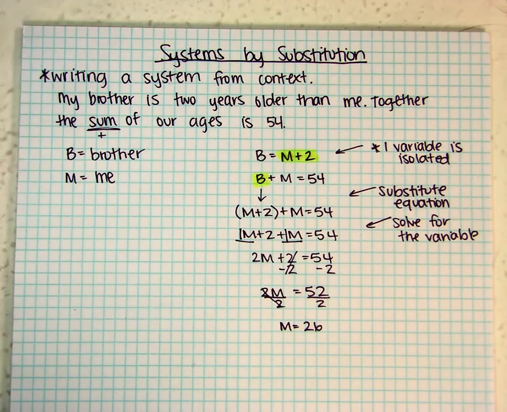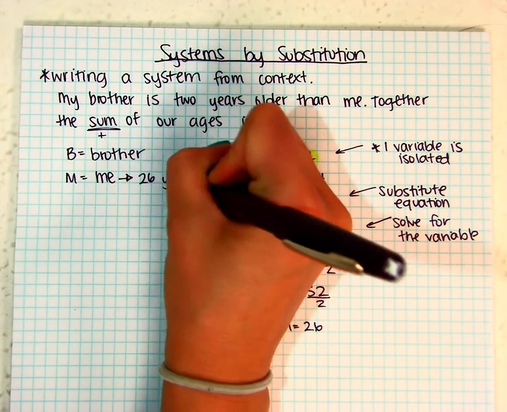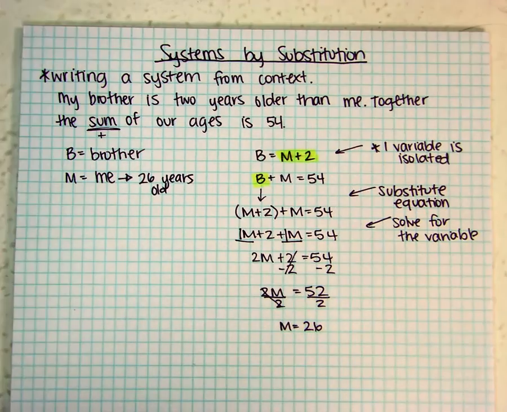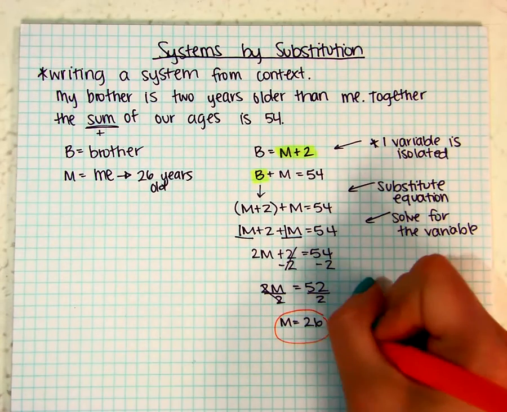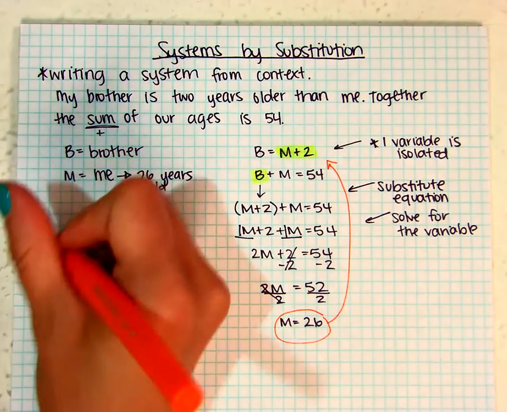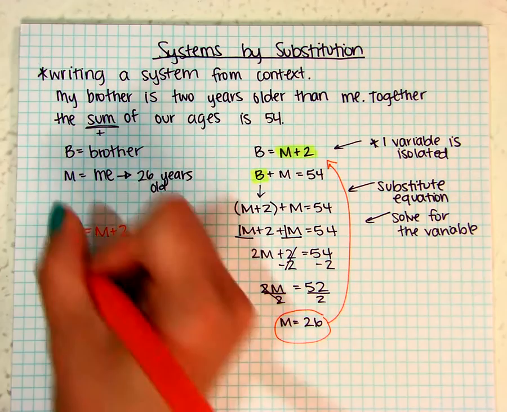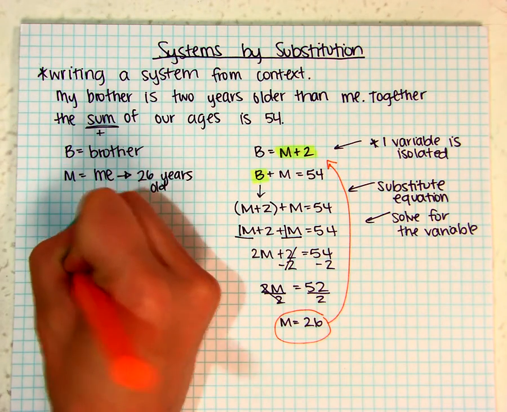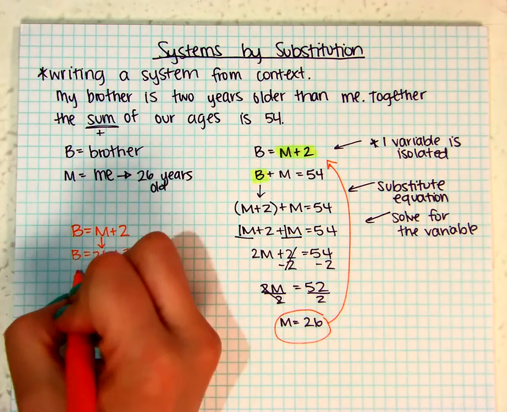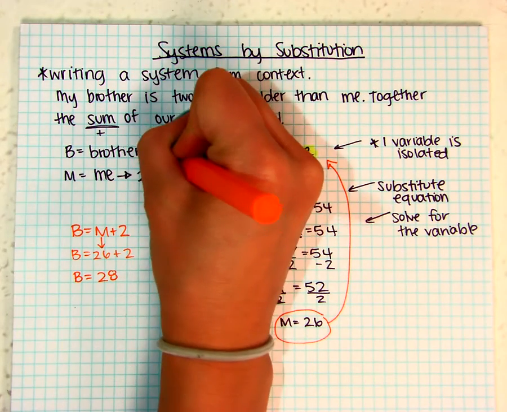We said that m is me, so that means Miss Barna is 26 years old. Well, how do we then know how old my brother is? I can take this right here and plug it in here. So I've got b equals m plus 2. M is now 26, and then b is 28. So my brother is 28 years old.